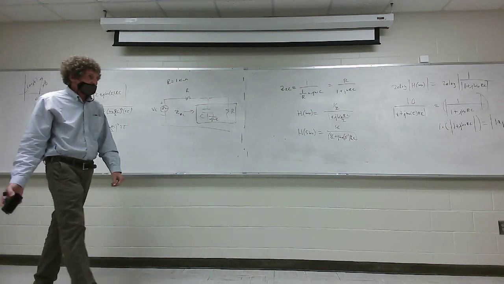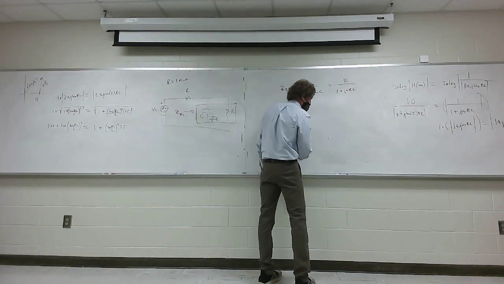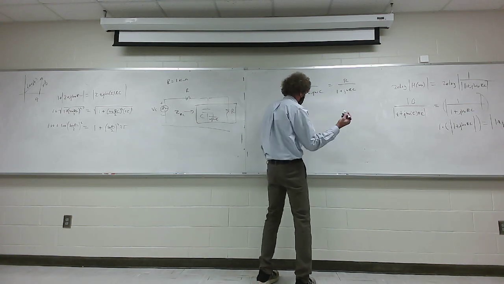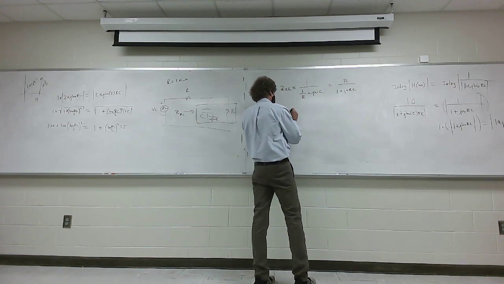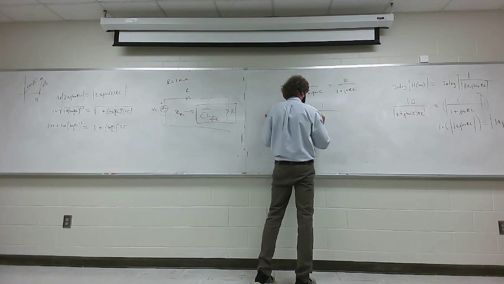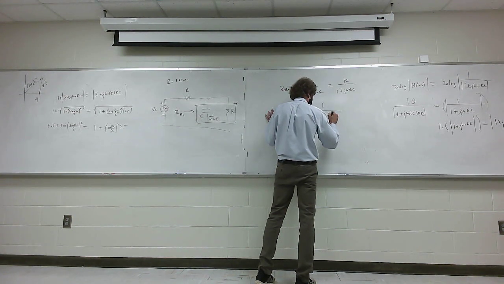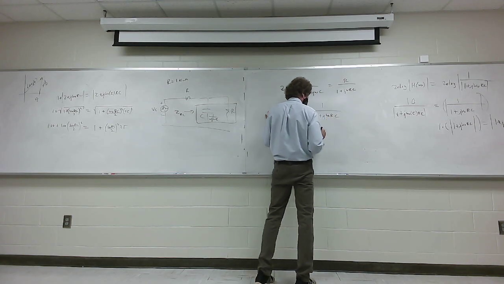simple way to get this is, if I take the value of h of omega with that r, I can tell you this works. If I take h of omega naught, that's simply gonna be 1 over 2 plus j, and then omega naught is known, so omega naught r is known, right? C is the unknown, correct?